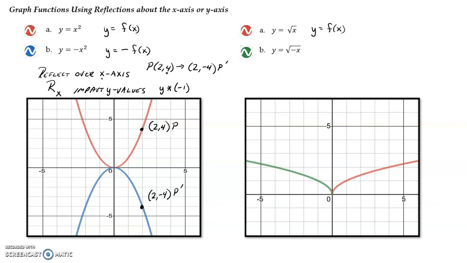And this time we're going to take a look at the graph of y equals the square root of negative x. So you'll notice this time your negative sign is inside with the x. So it's in the form y equals f of negative x. The negative sign there is not out in front like it was in our last example. It's inside with the x. So this is going to produce a reflection over the y-axis.